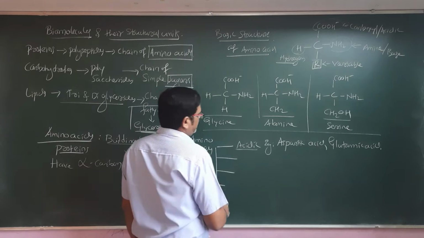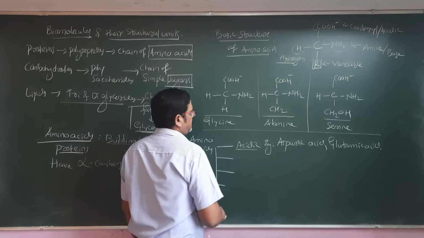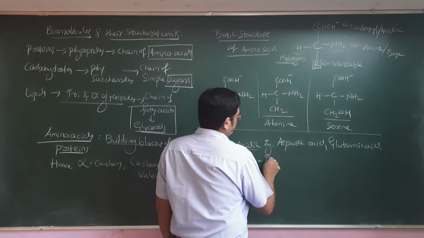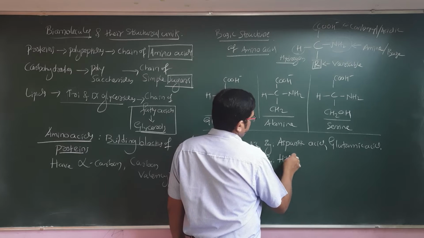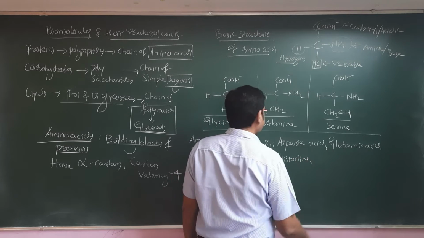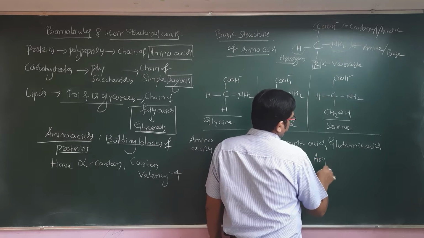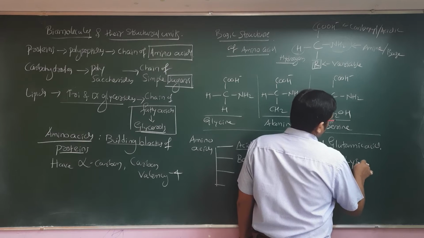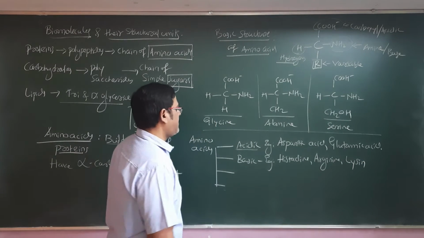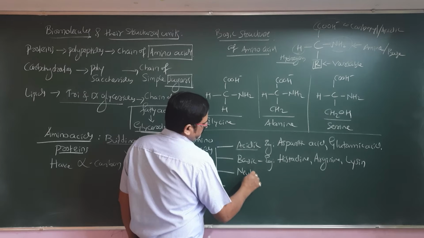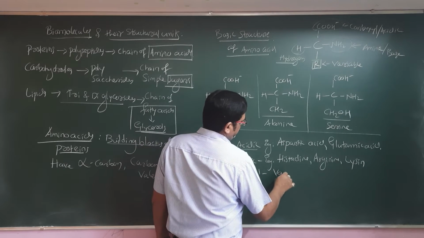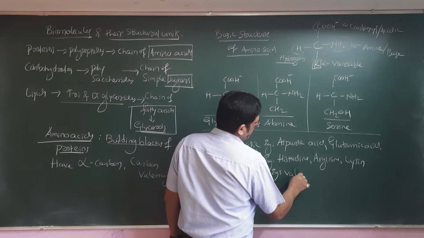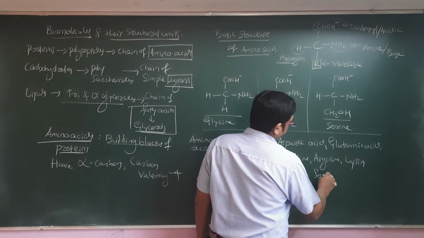Then they can be basic, for example histidine, arginine, and lysine also. These are a few examples. Then neutral. Examples for neutral amino acids include valine as well as serine.